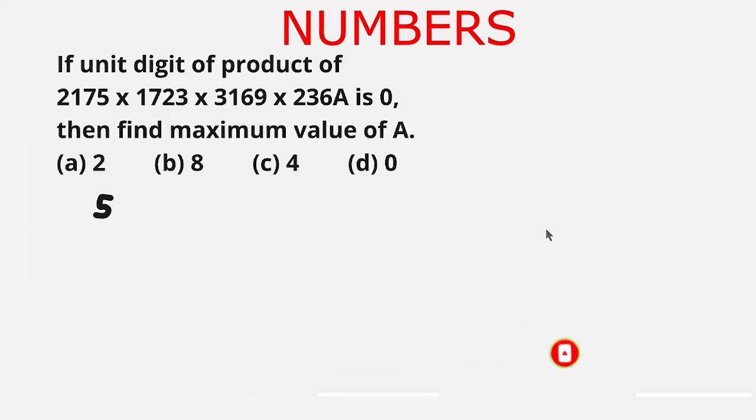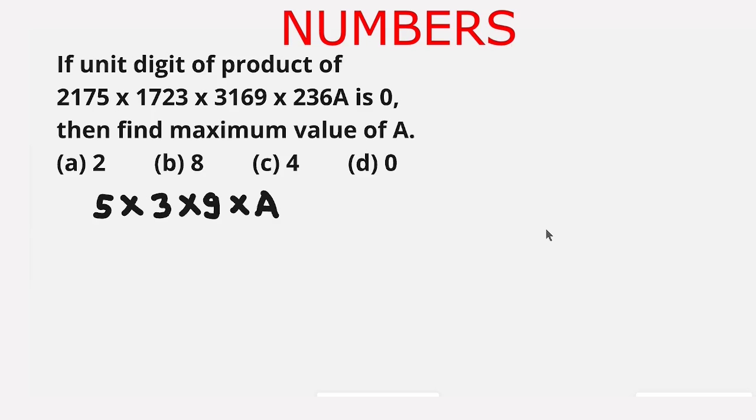The ones place digits of the given numbers are: 2175 has ones place digit 5, multiplied by 1723 which has unit digit 3, multiplied by 3169 which has unit digit 9, multiplied by 236a which has ones place digit a, and the ones place digit of the entire calculation is 0.